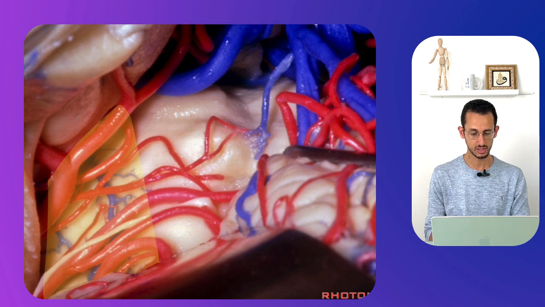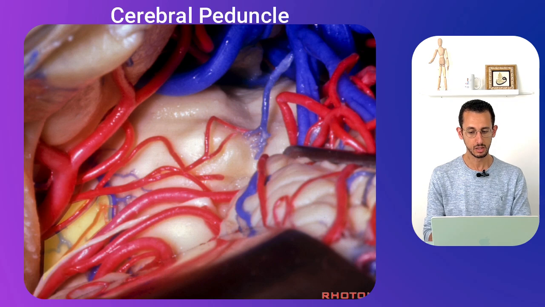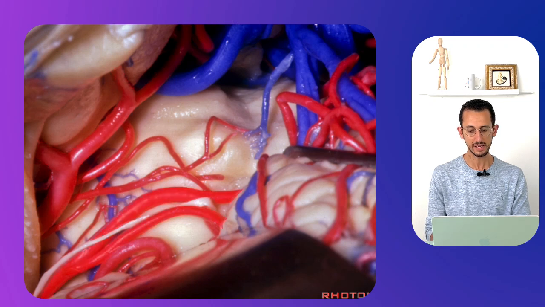So quadrigeminal cistern, ambient cistern, and it wraps around the cerebral peduncle, along with the branches of the posterior cerebral and the superior cerebellar arteries, but mainly around the superior cerebellar arteries. This is just to appreciate the relationship with the other blood vessels.